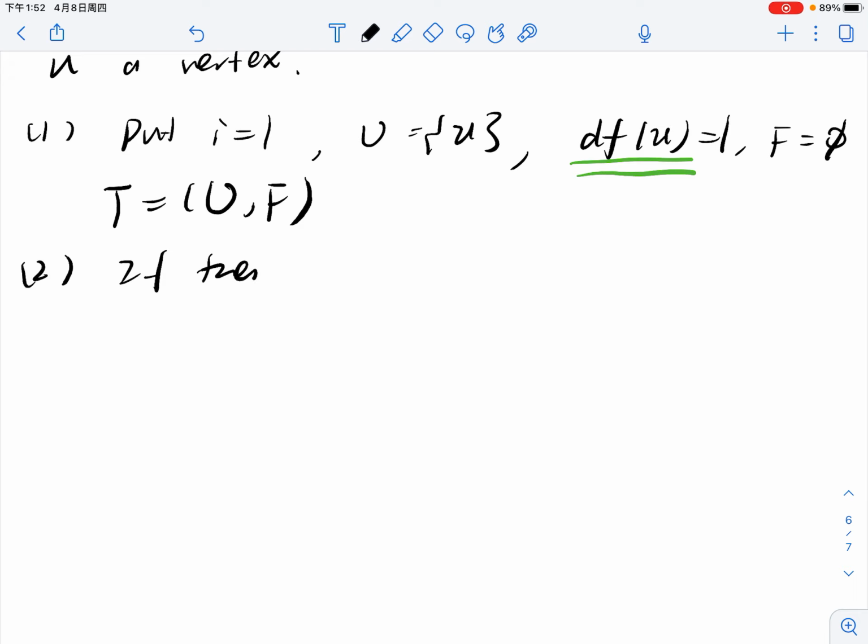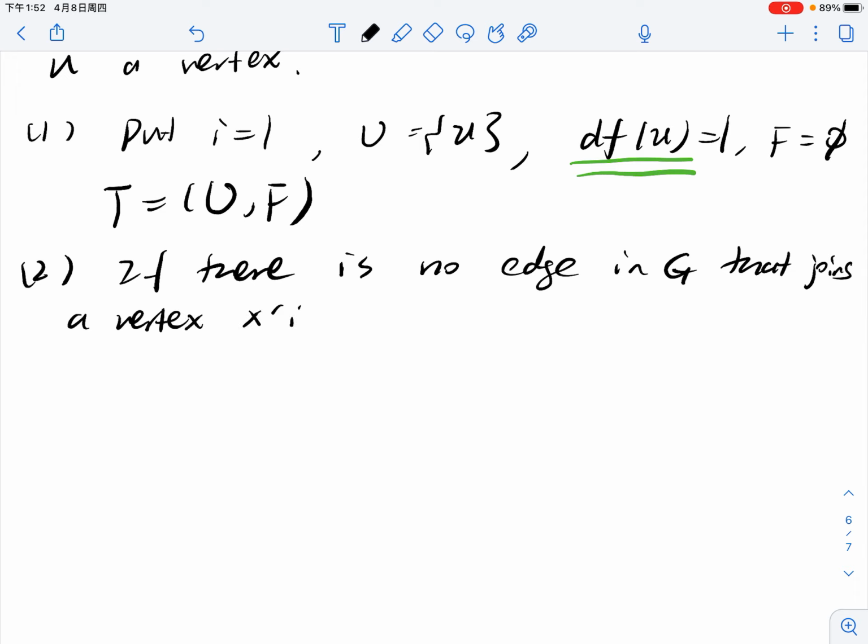And secondly, if there is no edge in G that joins a vertex x in U to y not in U, then stop. Later on we will show that when we stop, we have a spanning tree.